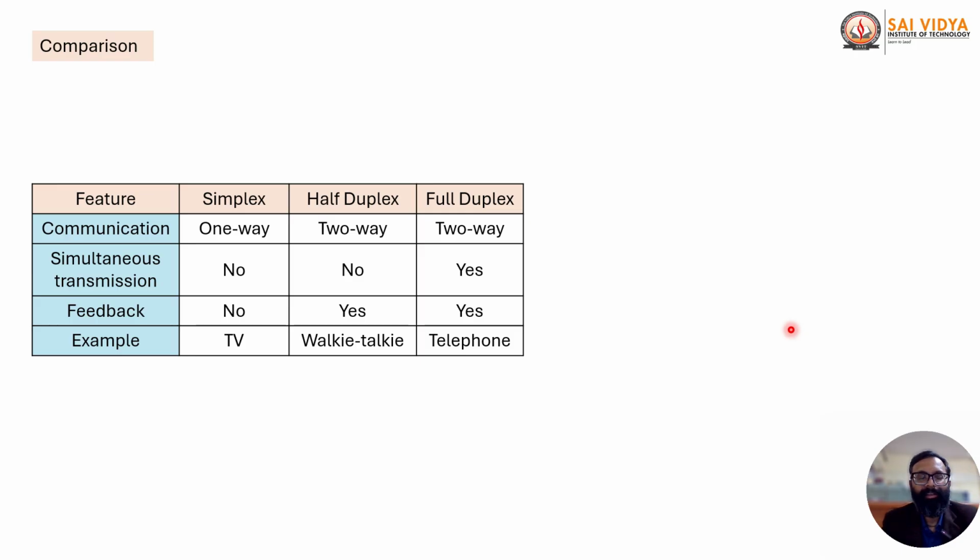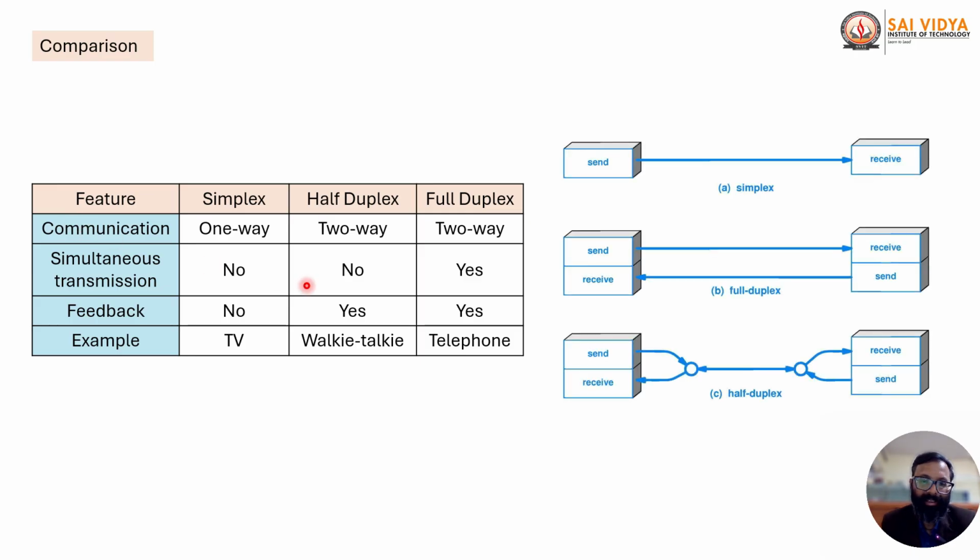So let us compare the types of communication: simplex, half duplex, and full duplex. As mentioned earlier, simplex is television broadcasting or radio broadcasting, where communication is one way only. The receiver does not have the option to send a reply.